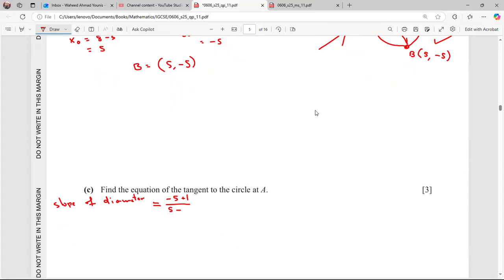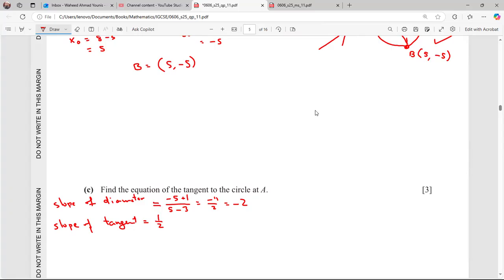So it is minus 2 over 1, which is minus 2. So this is the slope of the diameter. So the slope of the tangent, it has to be the negative reciprocal of this, so it has to be plus 1/2.